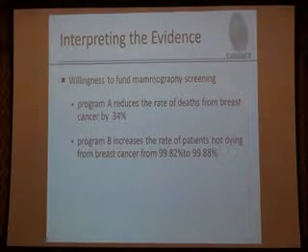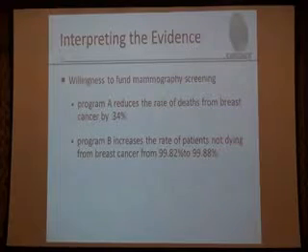The second option is Program B. Program B increases the rate of patients not dying from breast cancer from 99.82% to 99.88%. So after adoption of Program B, the survival will be 99.88%.